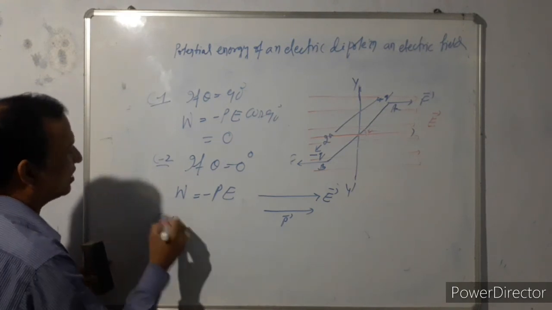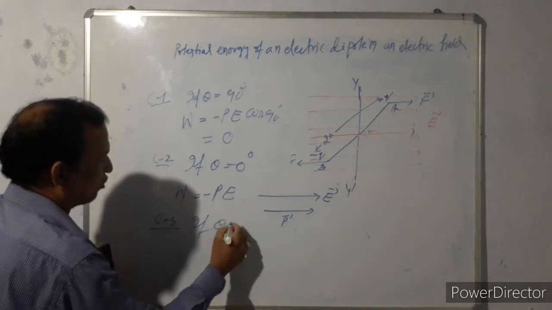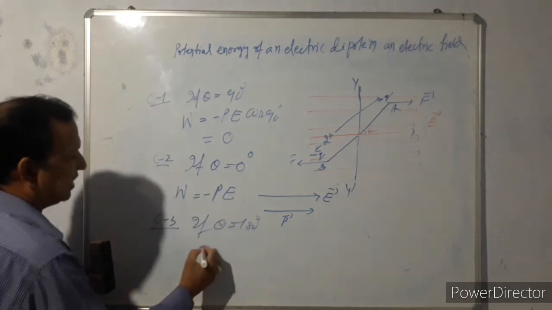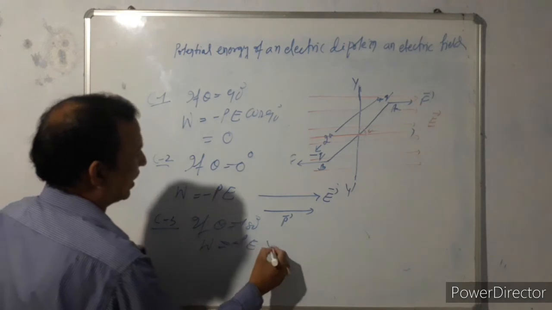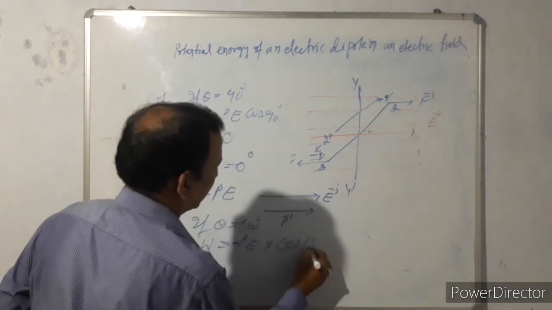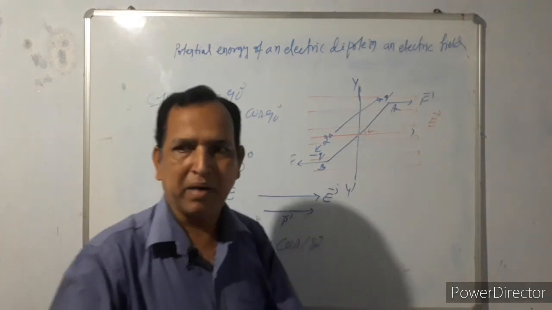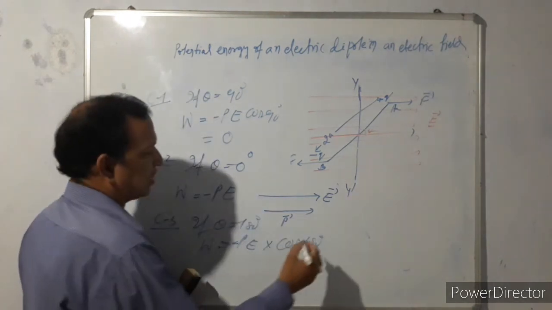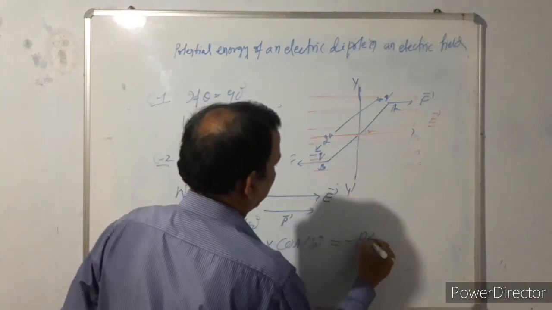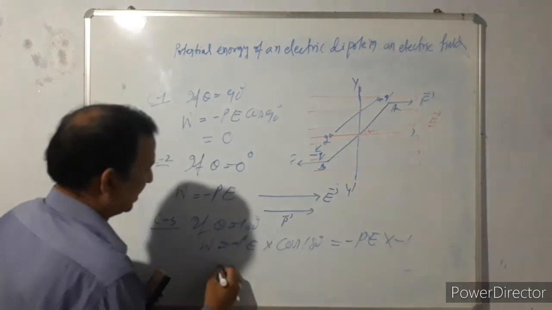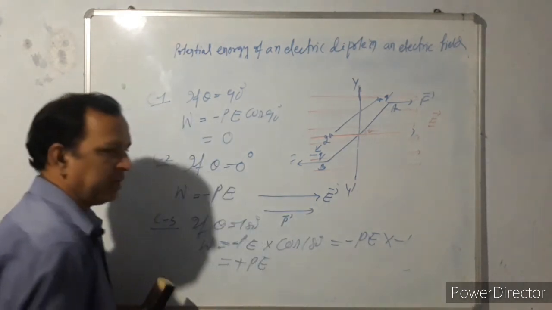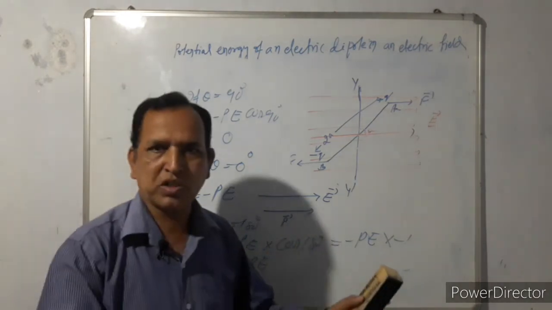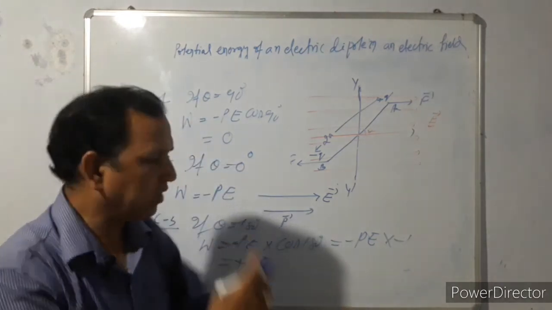Case 3. If theta is equal to 180 degree, then W is equal to minus P E into cos 180. Cos 180 means minus 1. So that is equal to minus P E into minus 1, that is plus P E. So plus P E means the lines of force and dipole are anti-parallel to each other.